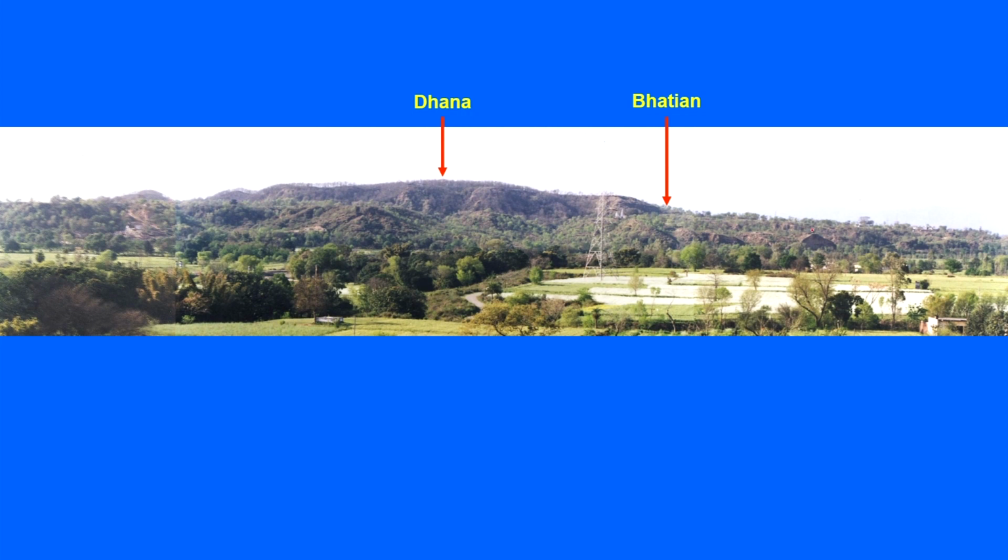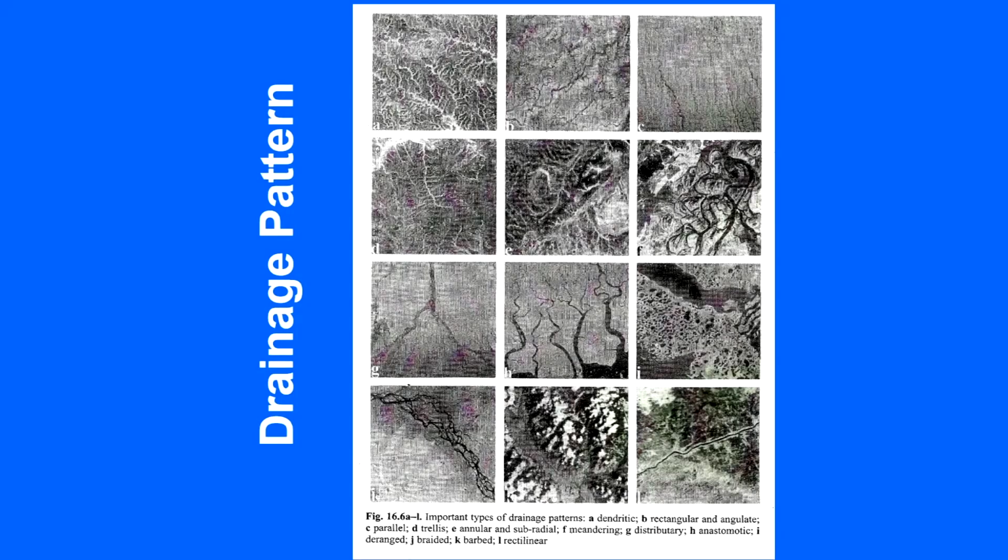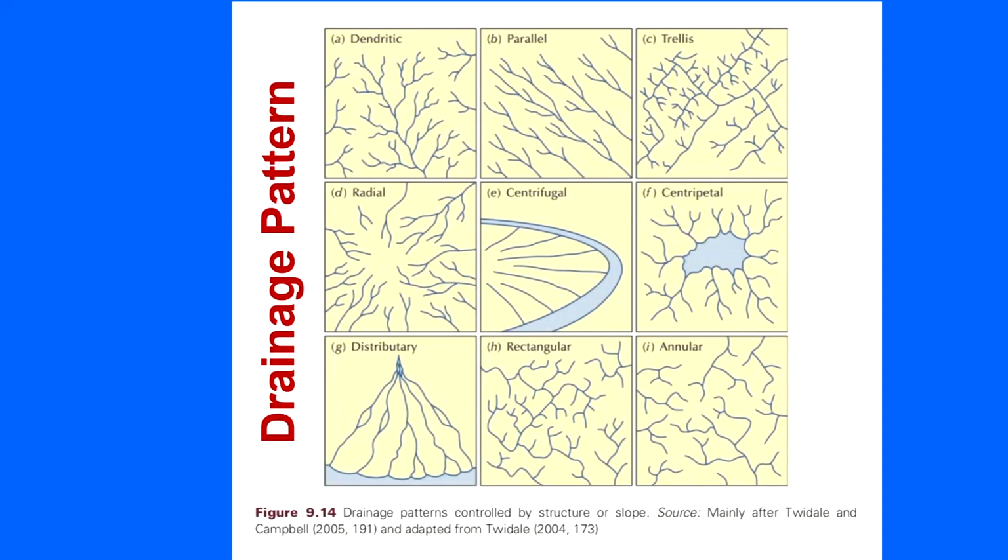It was because of the typical domal topography in this region. So, based on the drainage pattern, one can interpret what exactly the subsurface lithology is, and second, the structure, that is, the geological structures. Okay. So, these are the typical drainages which have been observed.